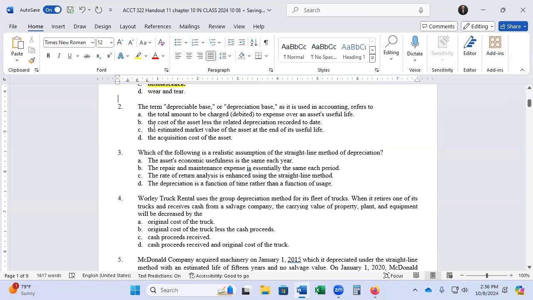That's what we're doing with that one. The cost of the asset less the related depreciation recorded to date. So what is that? That's not what we're looking for here, but we do have a term for that, right? Book value, right? Okay. The estimated market value of the asset at the end of its useful life. So typically that would be like a salvage value or something along those lines. And the acquisition cost of the asset. So it's part of it, but really your answer is A.